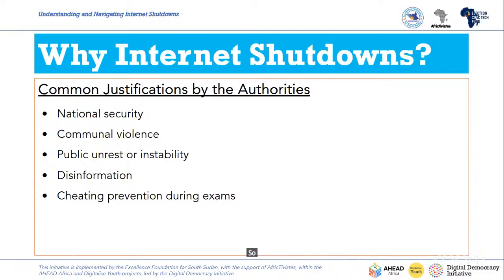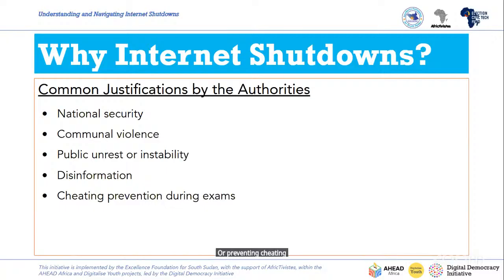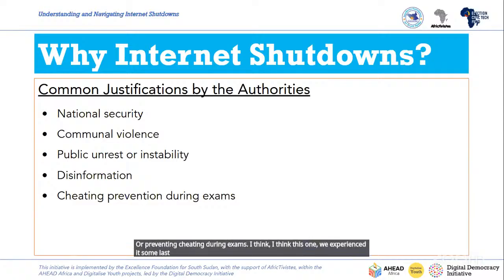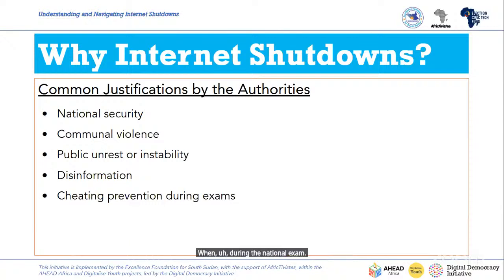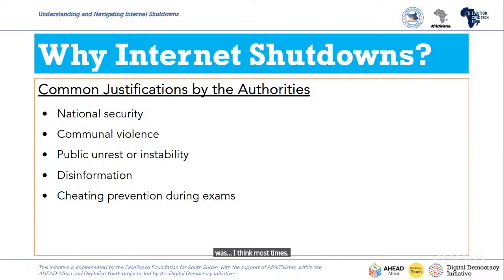We also have what we call public unrest or instability. The same thing. And then disinformation or misinformation sometimes also makes the government implement internet shutdowns. And then we have preventing cheating during exams. I think we experienced this last year, or the other year, when during the national exam there was some interference with the internet, because most times people share these exams online.